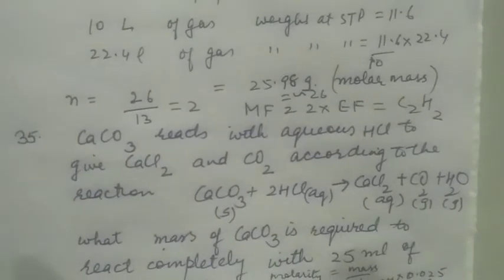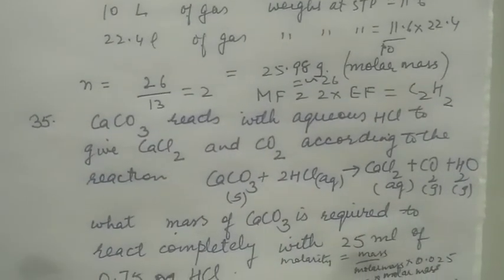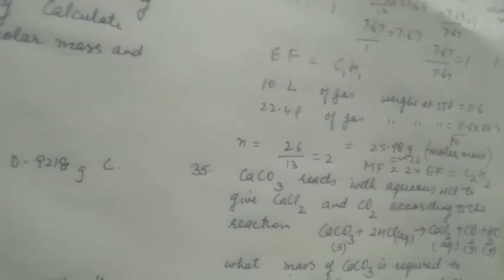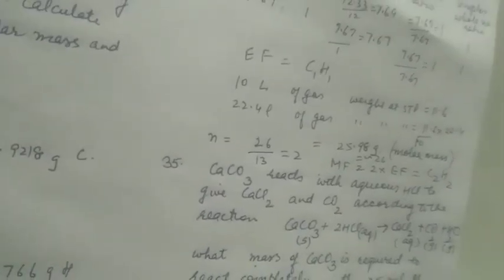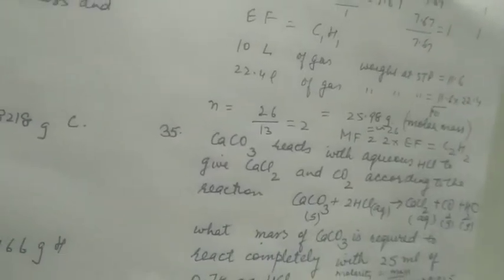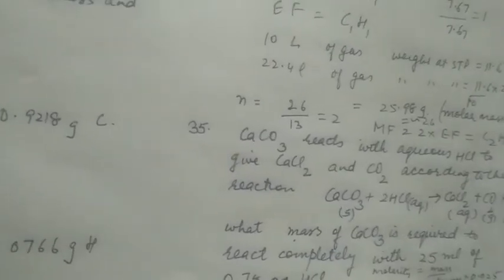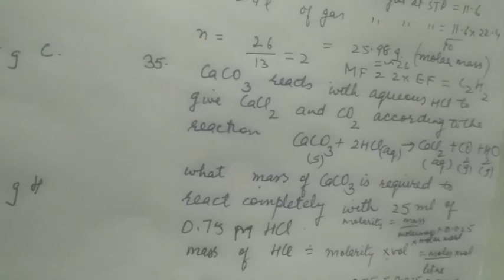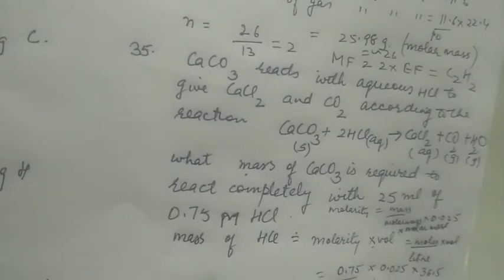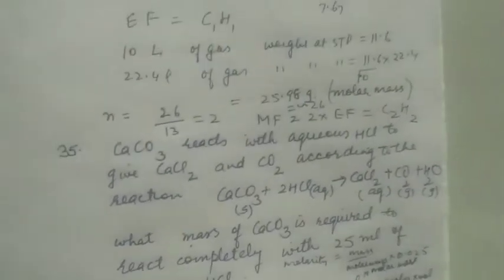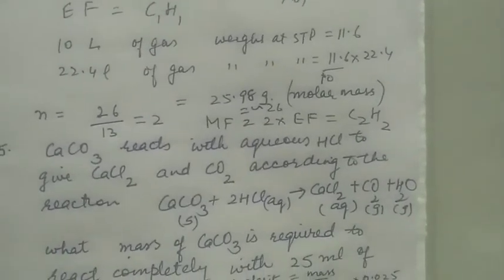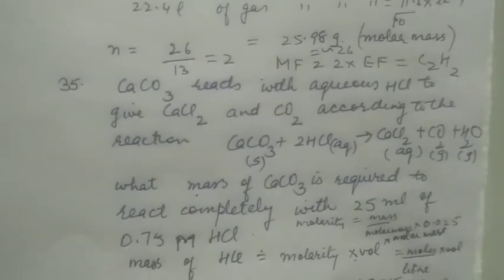So this is the molar mass, and you can find out the value of n. n is molar mass upon empirical formula mass. Empirical formula has 1 carbon, 1 hydrogen. Its mass will be 12 plus 1, 13. Dividing 26 by 13, you get 2. So molecular formula is 2 into empirical formula, which is C1H1. So 2 into C1H1 will be C2H2. So the gas is acetylene.